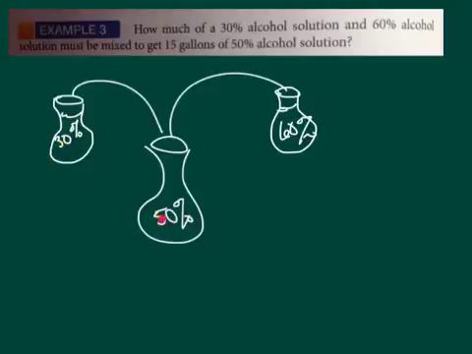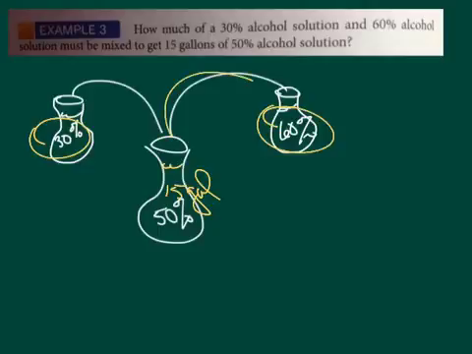We're also looking for how much liquid we're going to have, which we've already been told is 15 gallons. So what we're looking for is how much of this and how much of this we have to dump in to get 15 gallons of a 50% alcohol solution.